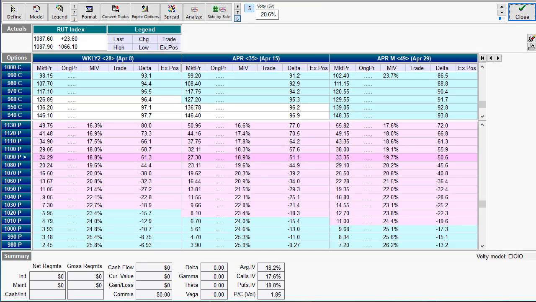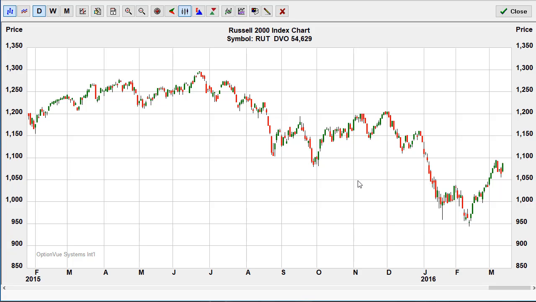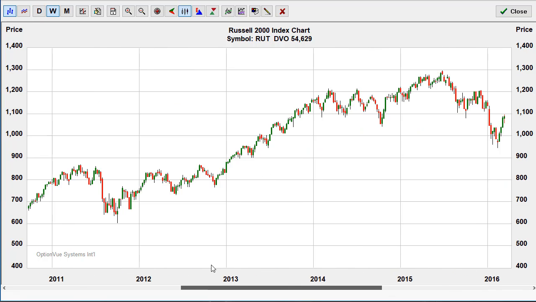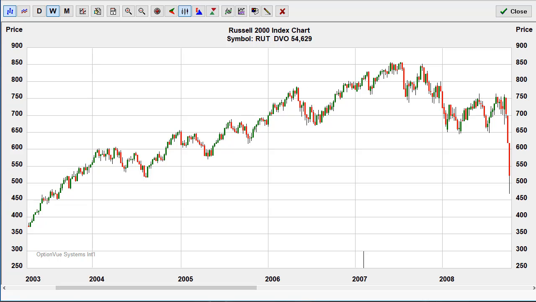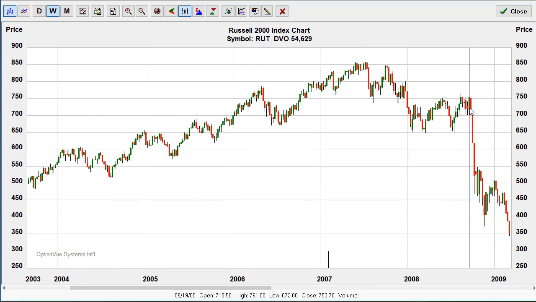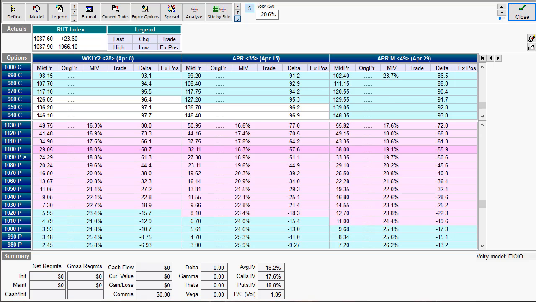So the flip side of that is, let's go into a very healthy move down, and we can look at obviously 2008 or even 2011, either one, but we'll go to 2008 and we'll go right here. Let's just go middle of September 2008 before it really began to unravel.